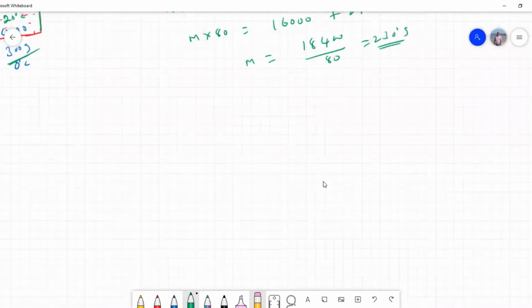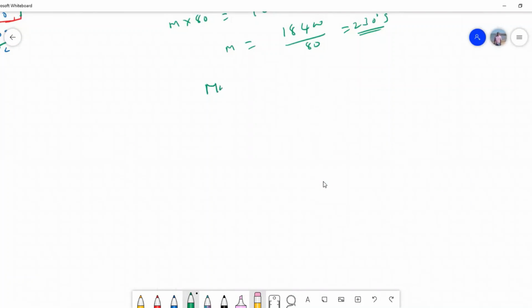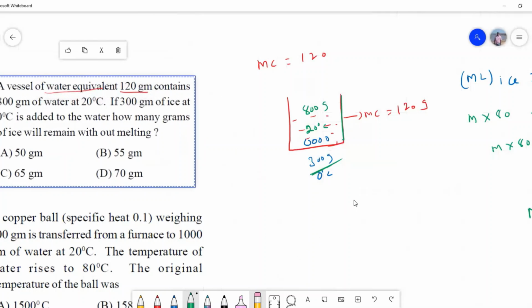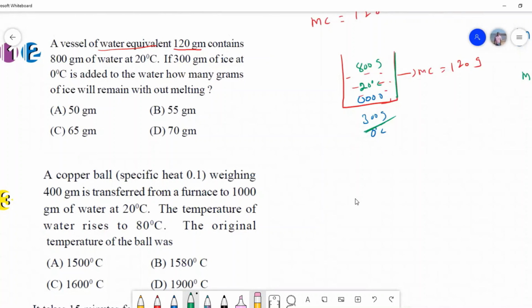So mass of ice left is equal to 300 minus 230, nothing but 70 grams. So in this mixture there is 70 grams of ice left. So the answer here is 70.